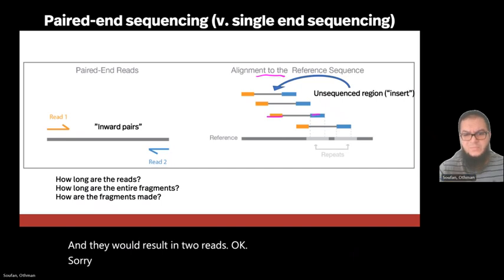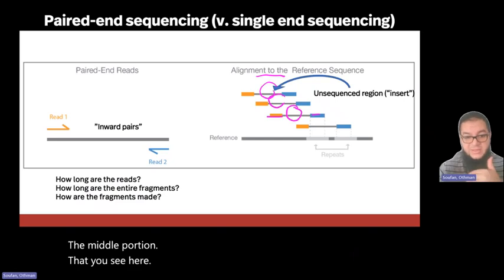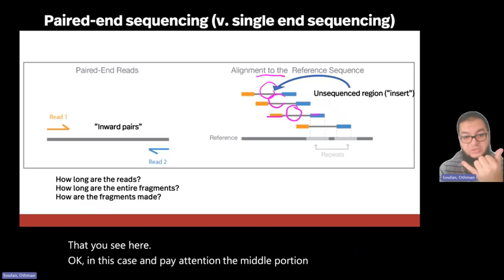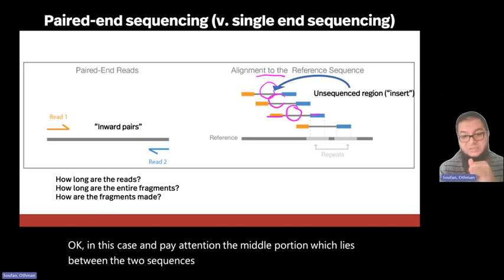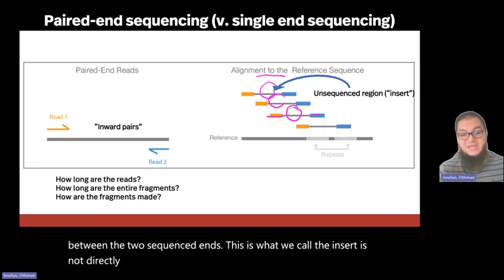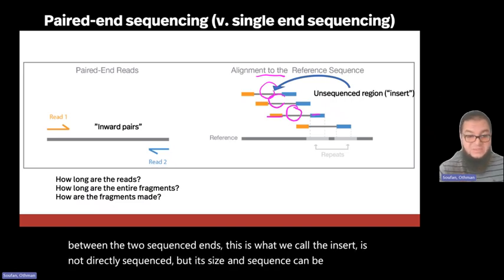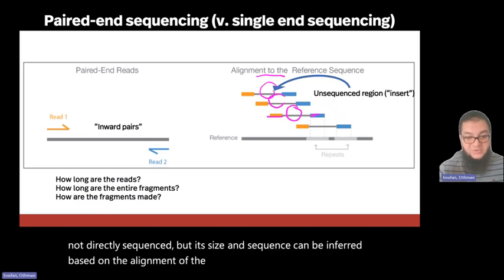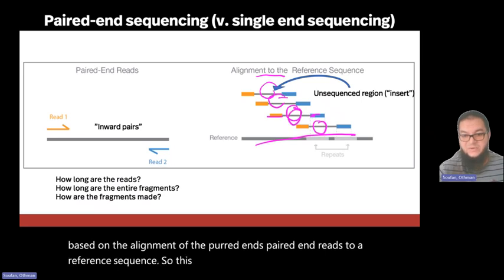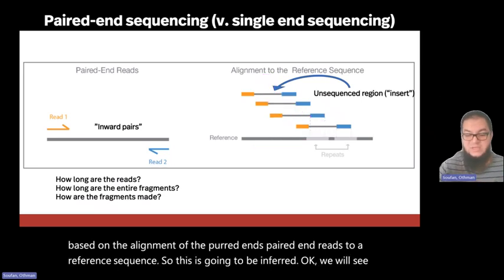The middle portion, pay attention, which lies between the two sequenced ends, what we call the insert, is not directly sequenced, but its size and sequence can be inferred based on the alignment of the paired end reads to a reference sequence. So this is going to be inferred. We will see some examples very shortly.